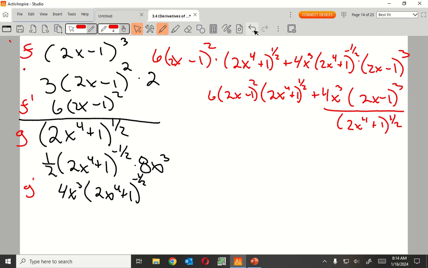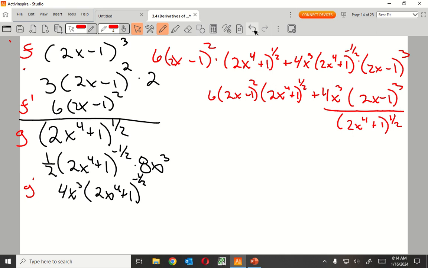Okay. Now, negative exponent goes across the divisor. There's common factors. I could take out a common factor. That'd be a good thing.